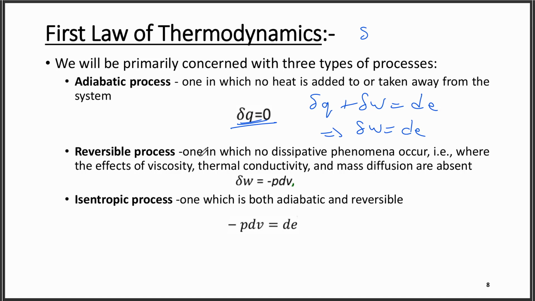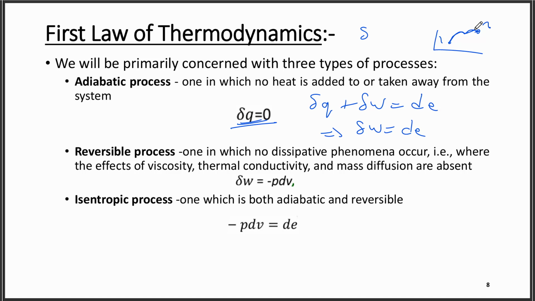The second process is the reversible process. In a reversible process, there is no dissipative phenomena, that is, no effect of viscosity, thermal conductivity and mass diffusion. So if we go from state 1 to state 2 by some process, then we can come back through a similar process from state 2 to state 1, and there will be no losses.